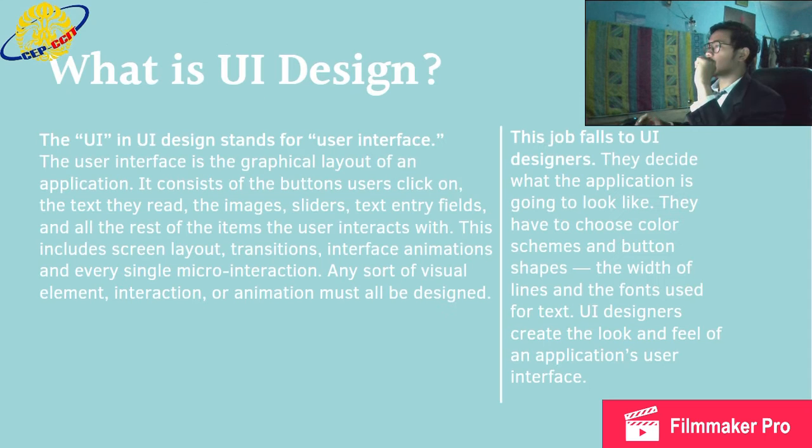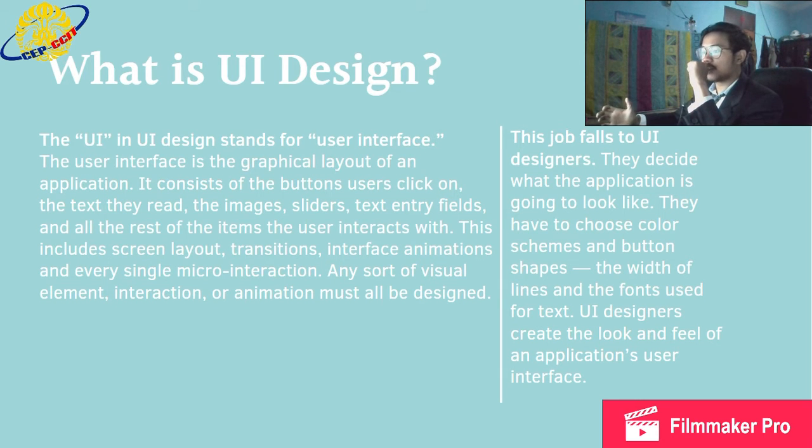Before we go into the application, I want to explain to you first about the UI. What is UI design? UI stands for user interface. The user interface is the graphical layout of an application. It consists of the buttons users click on, the text they read, the images, sliders, text entry fields, and all the rest of the items the user interacts with.